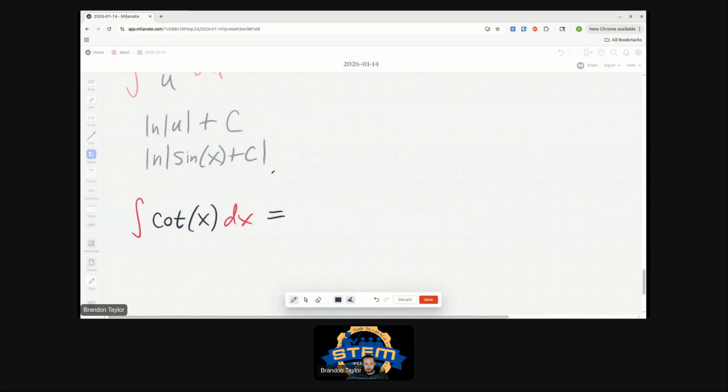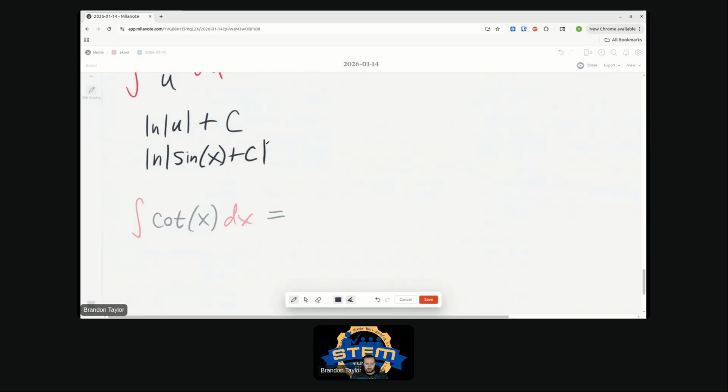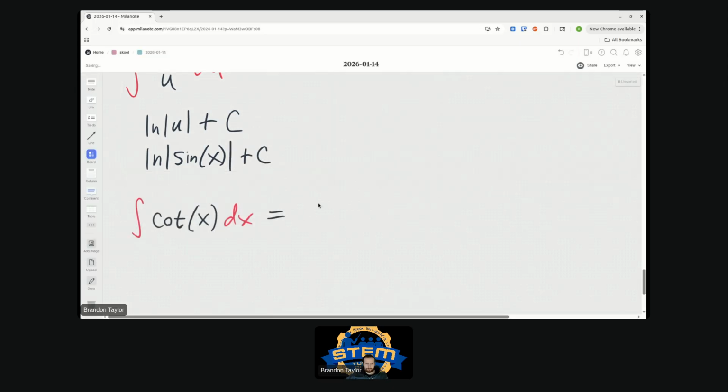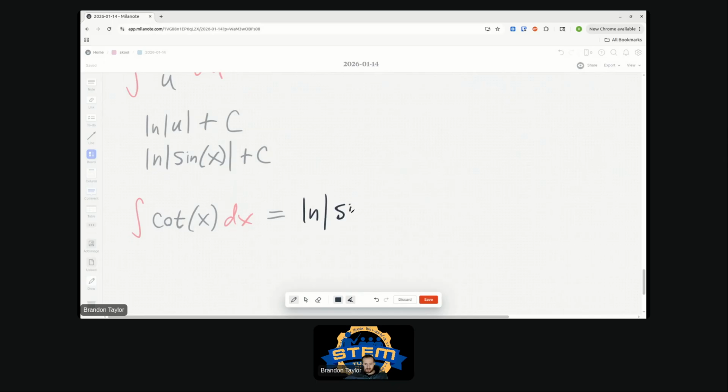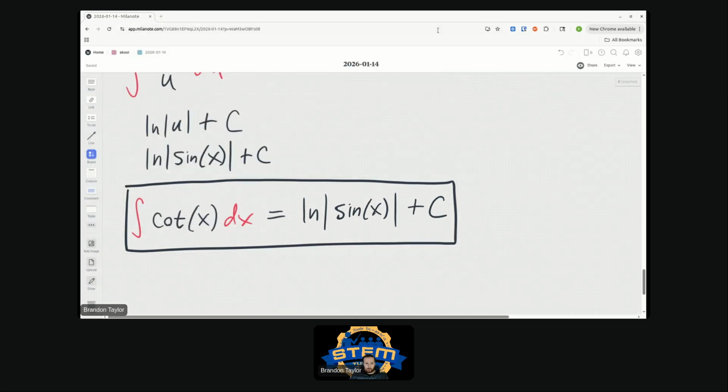Sorry, this is a tiny mistake. The c should be on the outside. There. So natural log of sine of x, plus c on the outside. So that's what we get.